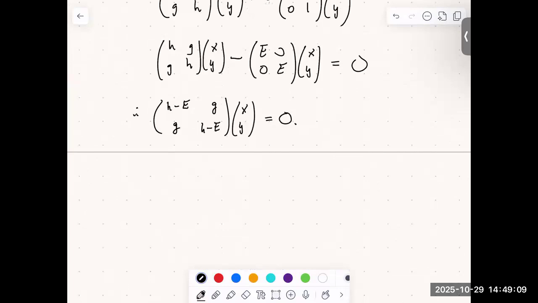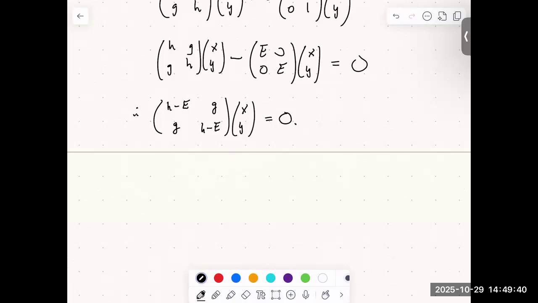What do we require in order for X and Y to have a non-trivial solution? Yeah, that's right. Let me remind you, the reason the determinant has to be equal to 0 is because if the determinant is equal to 0, then we cannot invert this matrix.